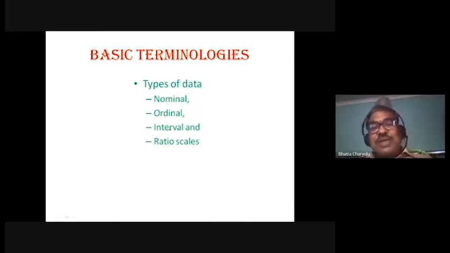That type of data comes under the interval scale. And the ratio scale is in the form of almost 0 to 1. I'm giving proportionate values, like 75% means 75 out of 100, that means 0.75.